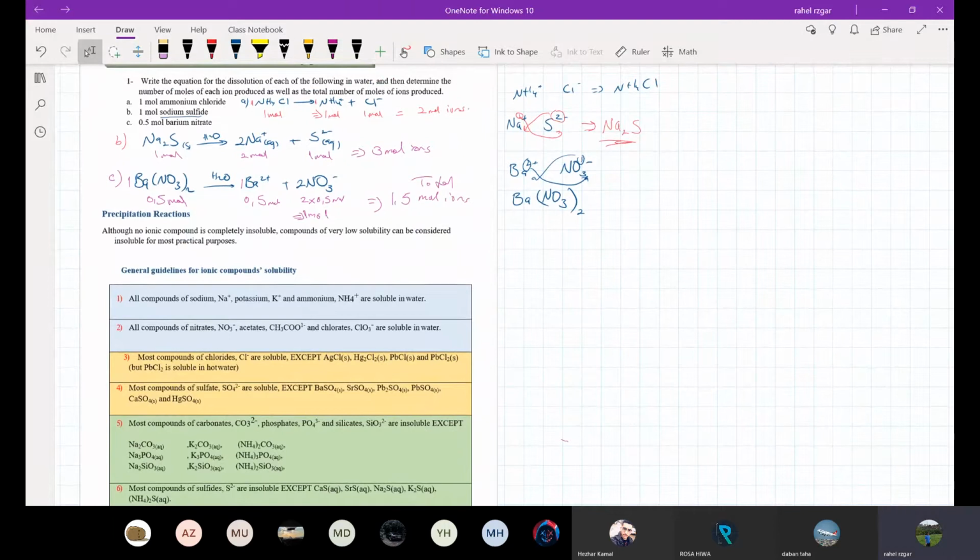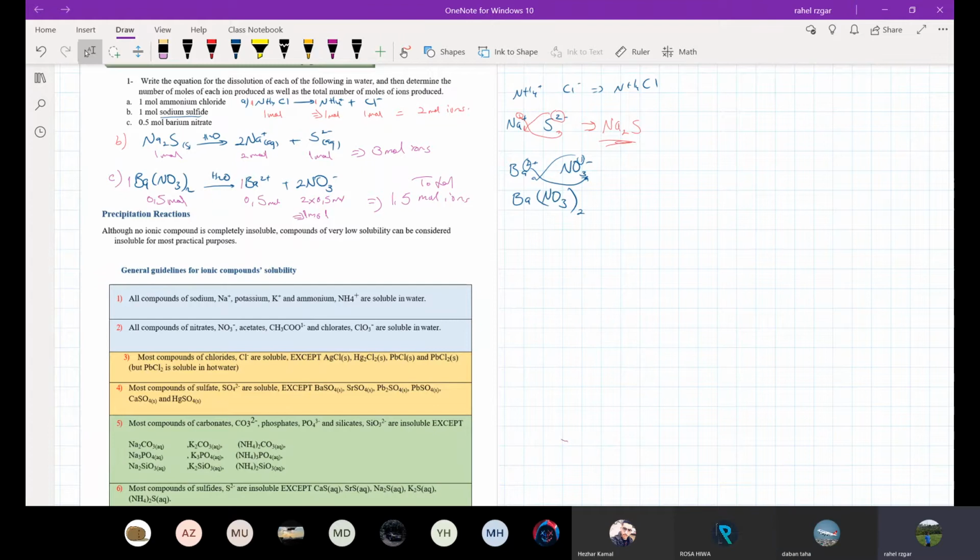Precipitation reactions kind of explain which compounds will dissolve and which compounds don't dissolve in water. So we talk about how soluble a compound is, especially for ionic compounds, of course.